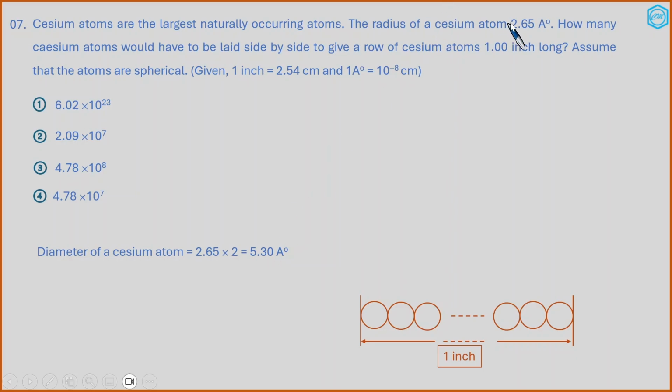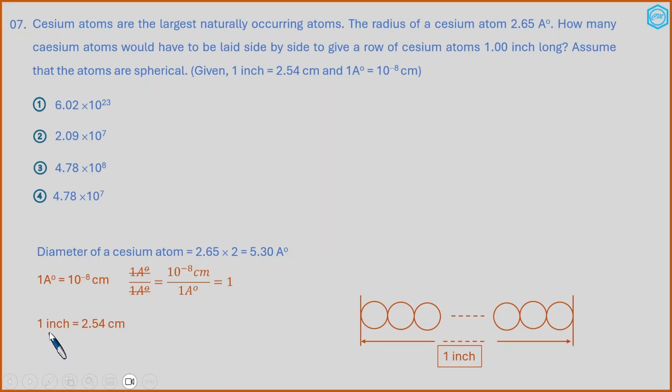So the radius of the cesium atom is given, and the radius into 2 is diameter. It is given that 1 angstrom is equal to 10 raised to minus 8 centimeter. So we divide it by 1 angstrom, that is 10 raised to minus 8 centimeter by 1 angstrom is equal to 1. So this is 1 unit factor.